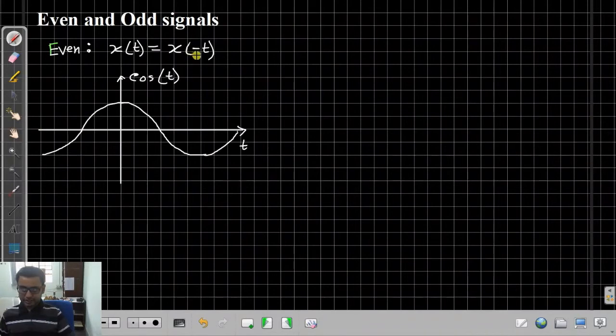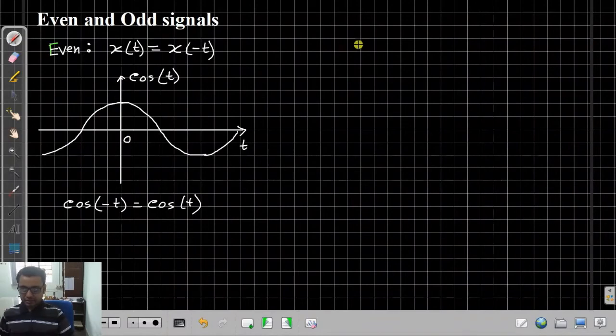X of t is same as x of minus t for cosine t, because cosine minus t is same as cosine t. So such graphs look symmetric with respect to the vertical axis or t equal to 0 axis.